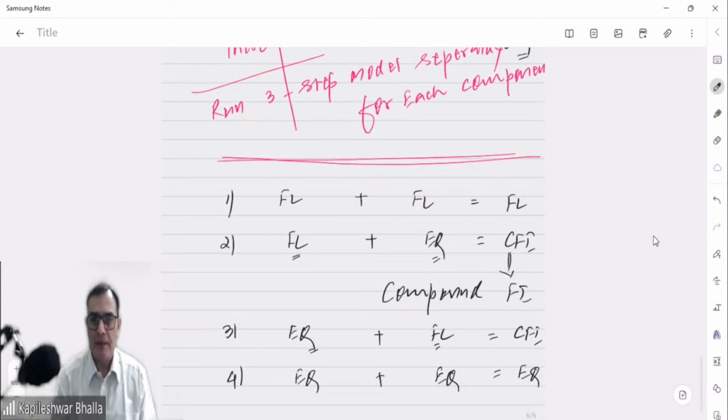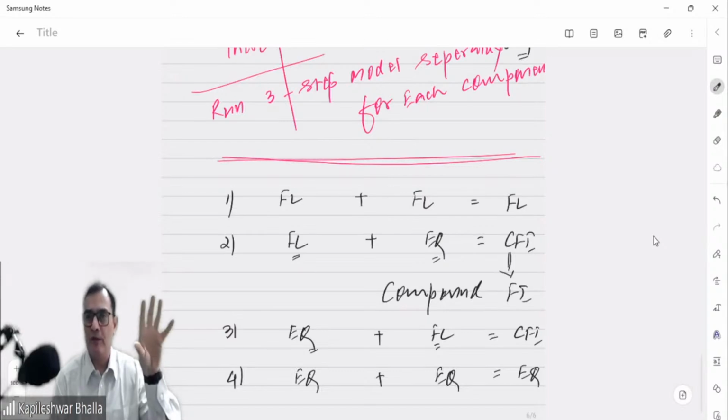I know what you're thinking: sir, we need an example. I'll now give you some examples, and then I'll give you the presentation in terms of Schedule 3. But at this stage, let me tell you, by the end of this standard I'm going to give you a total of 5 charts, and your life will become jingalala.